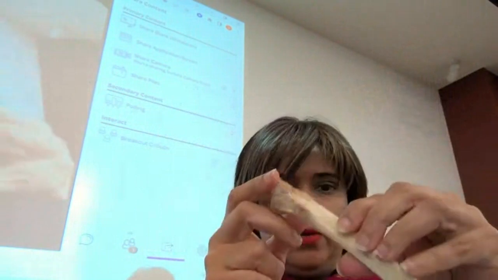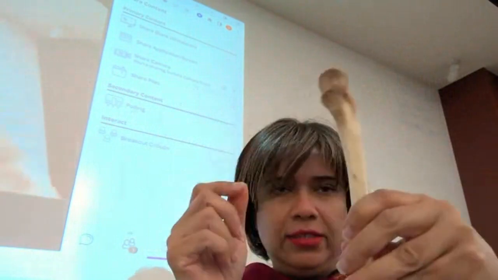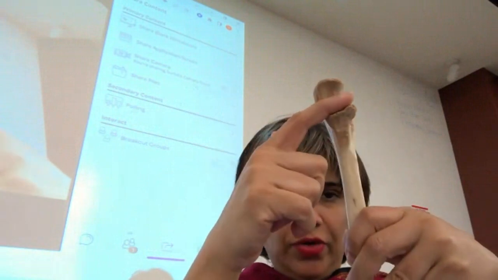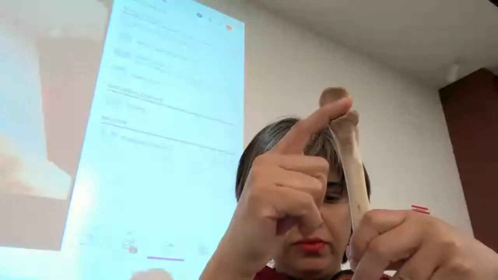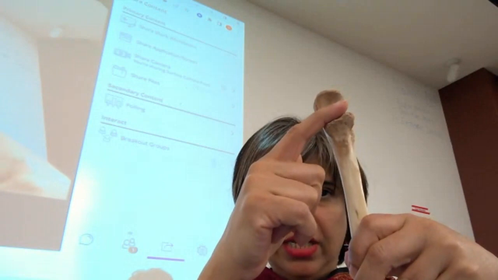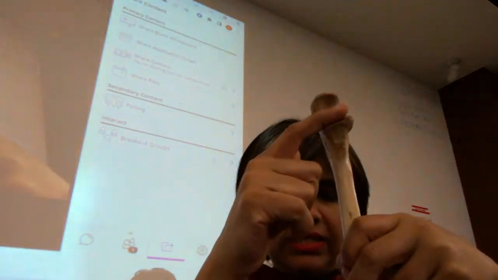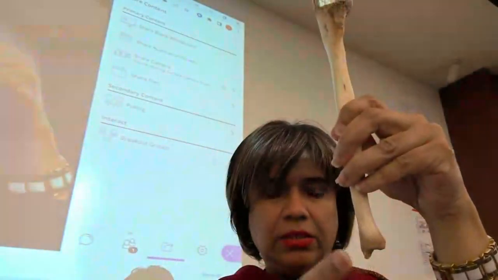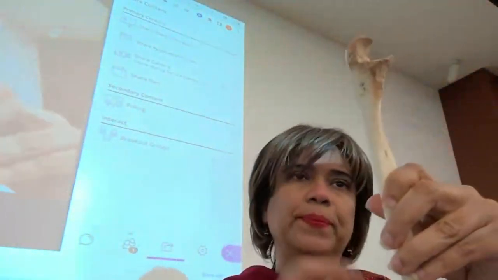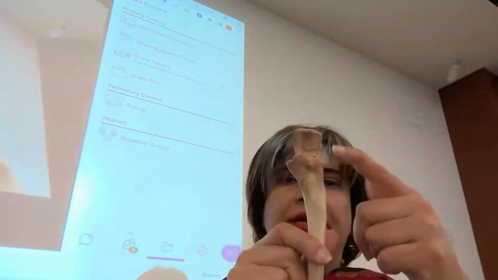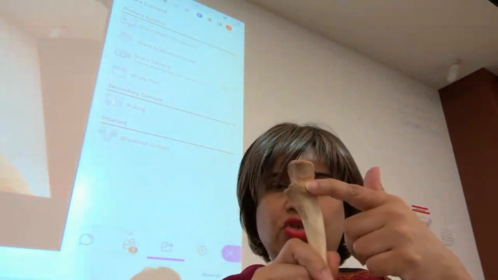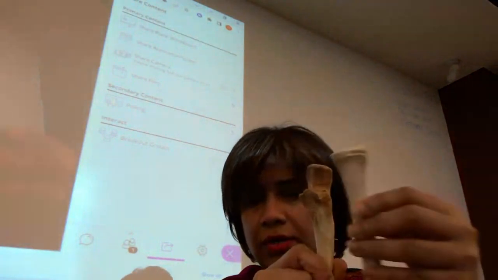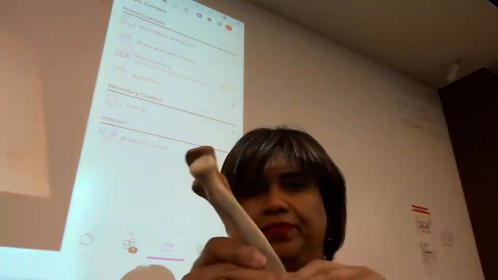Now, ulna, what side bone is that? Keep in mind, the notch has to face forwards. This is a medial bone. Styloid process has to be the most medial part. Ulnar notch needs to be lateral to articulate with your radius.